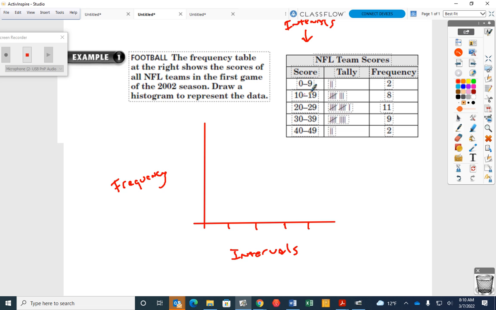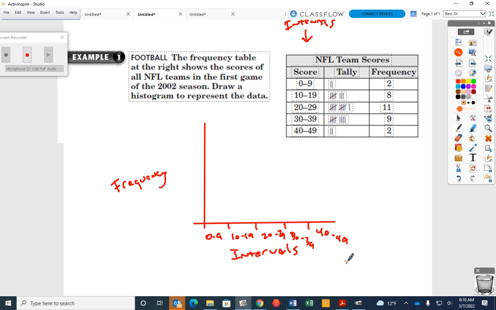My first interval is 0 to 9. My second one is 10 to 19. My third one, 20 to 29. My fourth one is 30 to 39. Sorry, I'm kind of writing small here. And then my last one is 40 to 49.